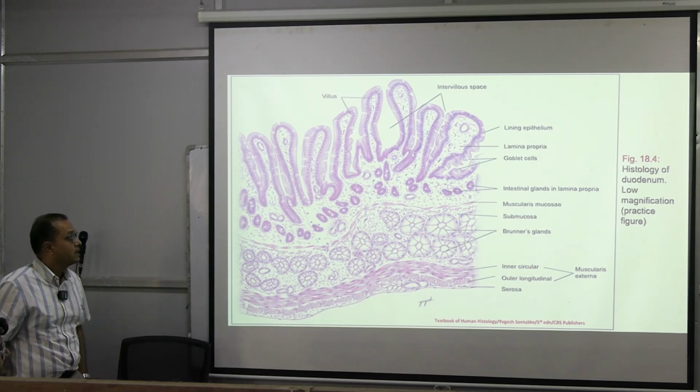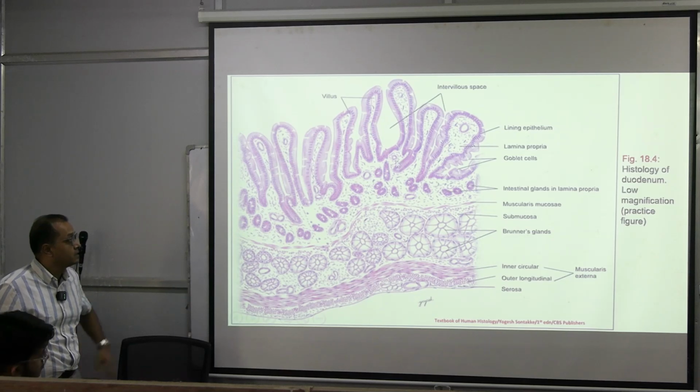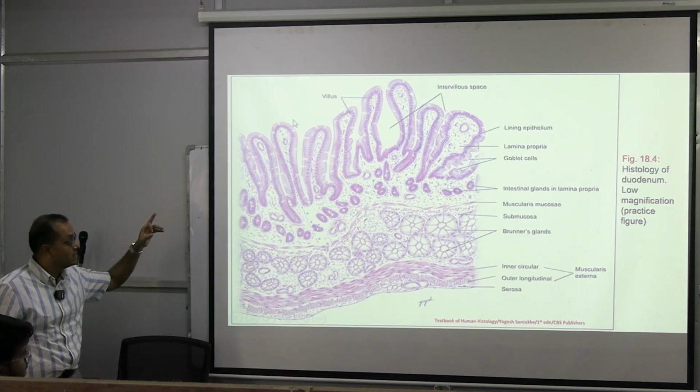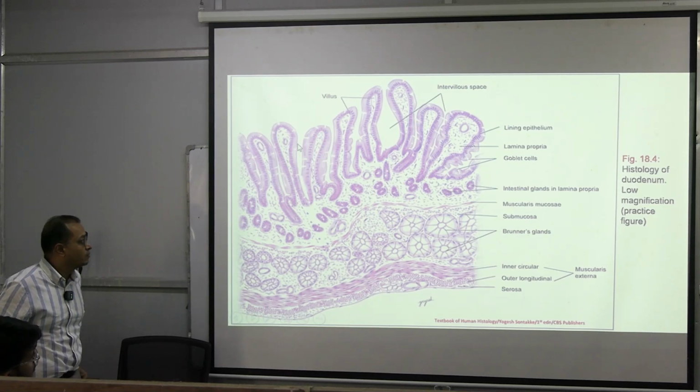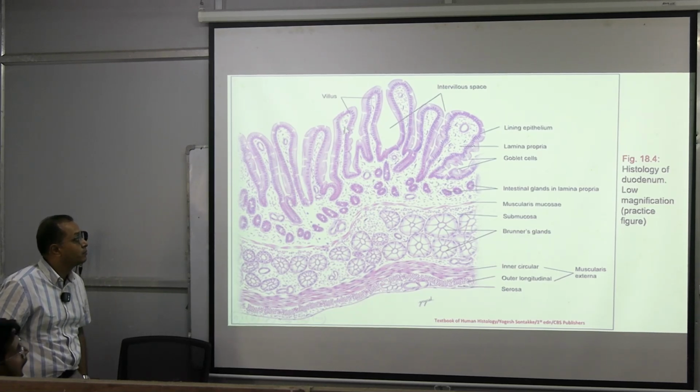They may also have brush borders or microvilli, which are not visible at this magnification. Then we have the lamina propria, which you are seeing here.